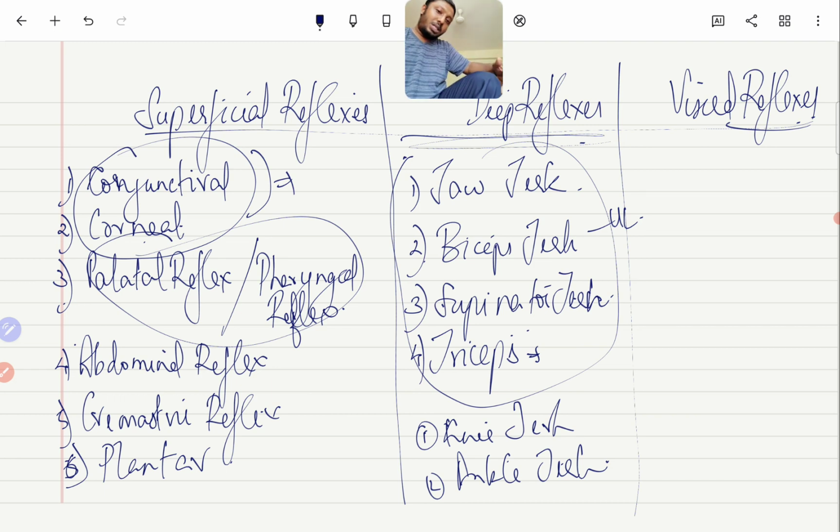This tendon will be compressed and the knee will extend like this. It is very weird to show. Anyway, that is the knee jerk. And ankle jerk, similarly, you take the ankle and hit here, and it will flex like this. Sorry.